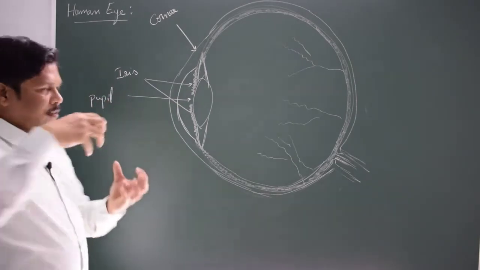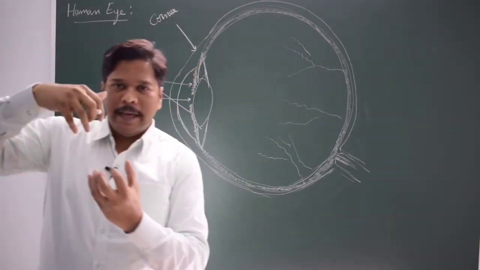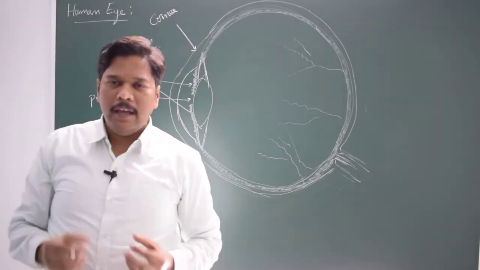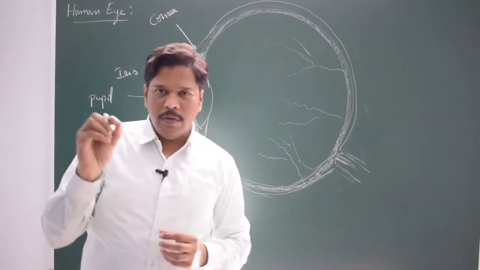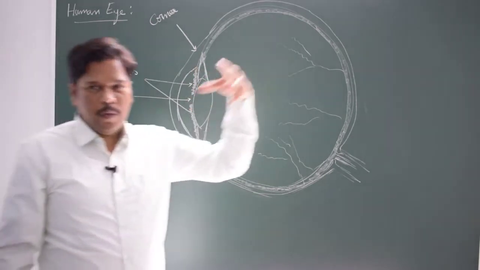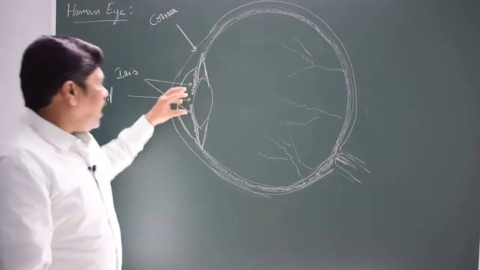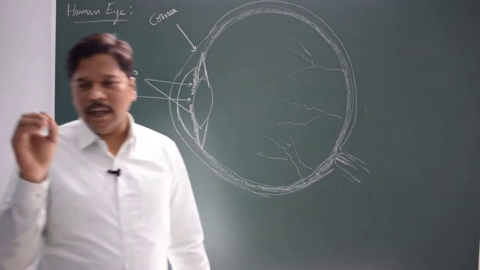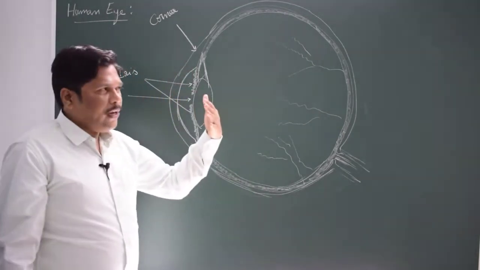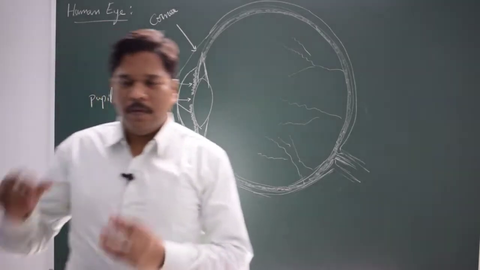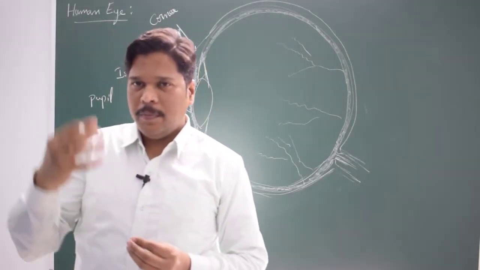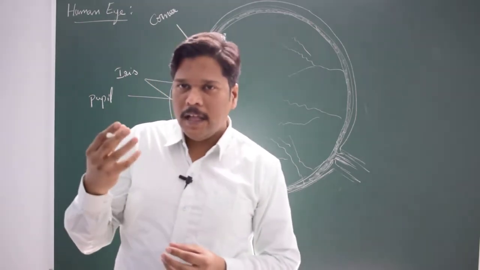So this iris is a muscular diaphragm which can regulate the amount of light entering into the eye by controlling the size of the pupil. If the intensity of light is very high outside, then the iris will make the pupil very small. If the intensity of light is very less, in dim light, the iris will expand and enlarge the pupil.